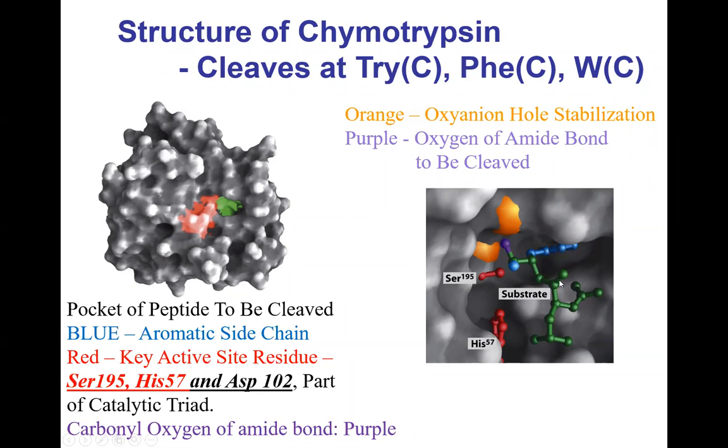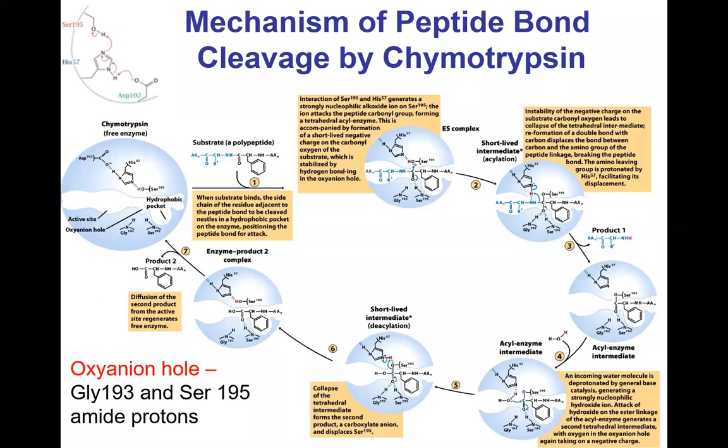And the green part is the rest of the substrate. So that's how it looks. People have extensively studied this enzyme, and they know exactly at the molecular level how this enzyme catalyzes this peptide hydrolysis.